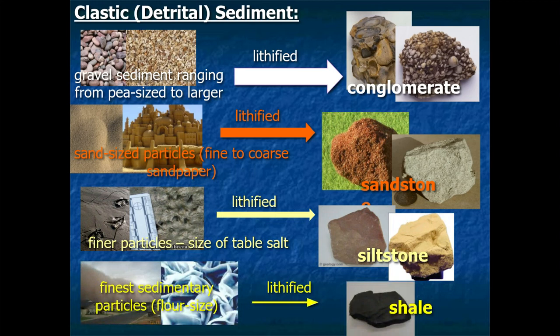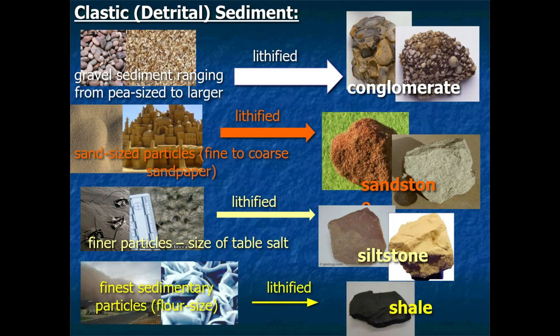Now, a couple things to take home with this slide. One is, if you were asked how are detrital rocks classified with regards to texture, we would say it's classified based on particle sizes. So if you look at the conglomerate, the sandstone, the siltstone, and the shale, you find that from the conglomerate to the shale, it's decreasing particle sizes.